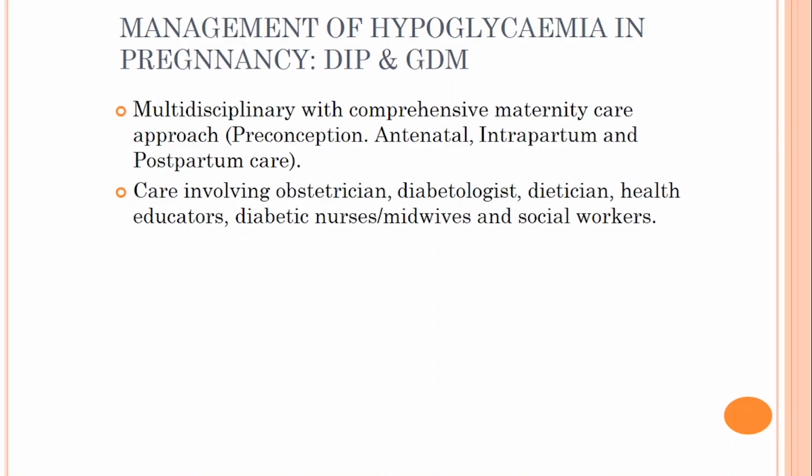So what are the components of comprehensive maternity care? Preconception care, antenatal care, intrapartum care, and postpartum care. So management essentially requires a multidisciplinary approach in the context of preconception, antenatal, intrapartum, and postpartum care.